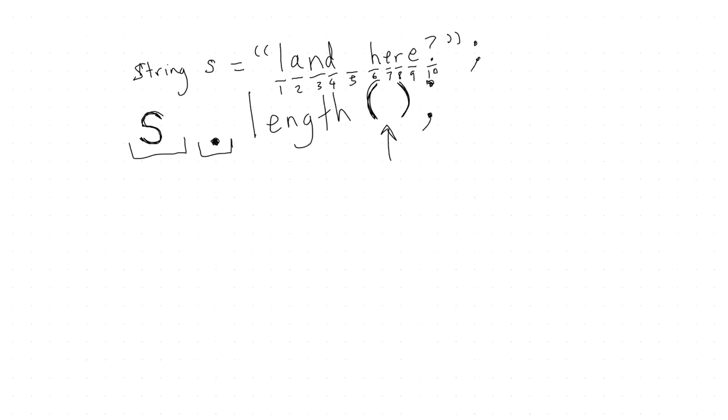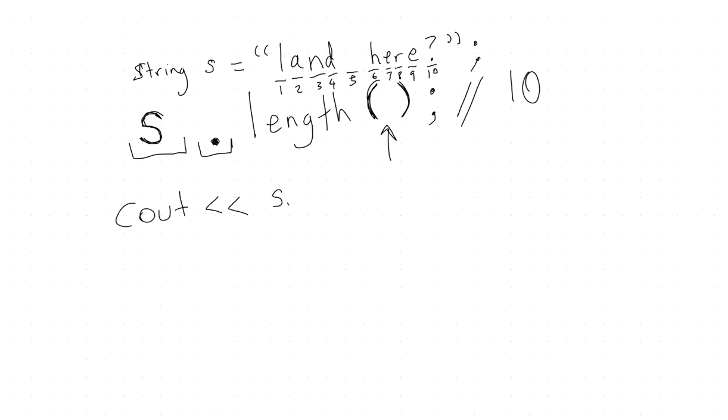If we count all of these up, the length of this returns 10. So in order to see the value 10, you have to put this in a cout statement because this returns the value 10.